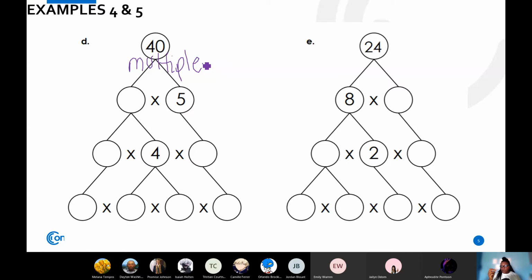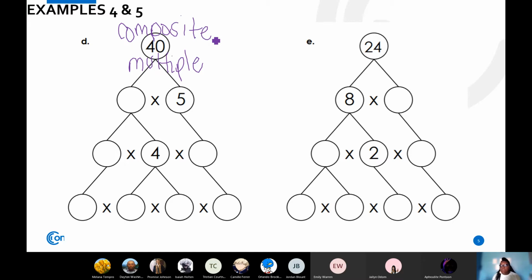So not only is 40 a multiple, we would also say that 40 is a composite number. Composite number. Please add this to your notes if this is still new to you, if you're still learning this. 40 is a composite number because it has more than two factors, and 40 is a multiple because many numbers are going to equal it in this tree today.